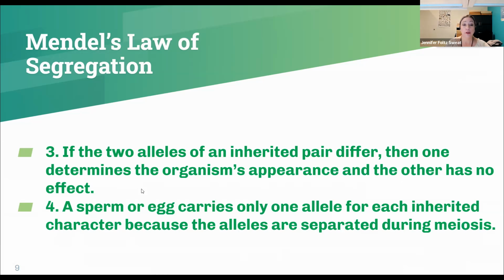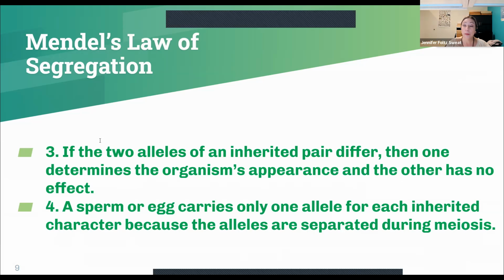Number three, if the two alleles of an inherited pair differ, one allele determines the organism's appearance and the other has no effect. What this means is that there is a dominant allele and a recessive allele. And if you have a heterozygous individual, the dominant allele determines the appearance.